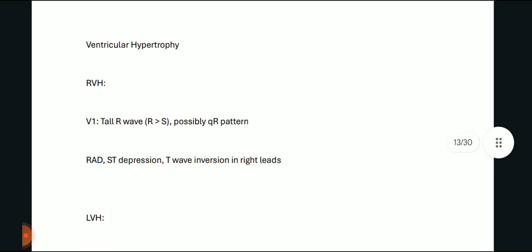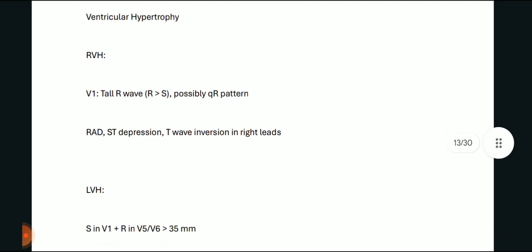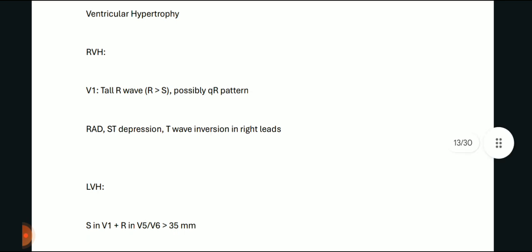How will ventricular hypertrophy look? Right ventricular hypertrophy: V1 will show a tall R wave. R wave will be greater than the S. Possibly a small q, capital R pattern. RAD, ST depression, T wave inversion in right leads will be seen.